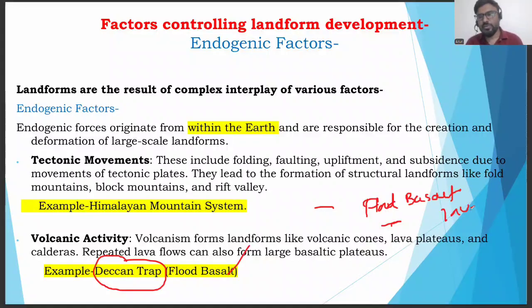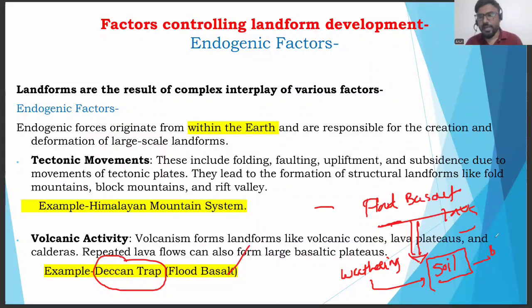After the formation of the Deccan Plateau, erosion or weathering of this rock leads to formation of soil, that is black soil. You understood the concepts.